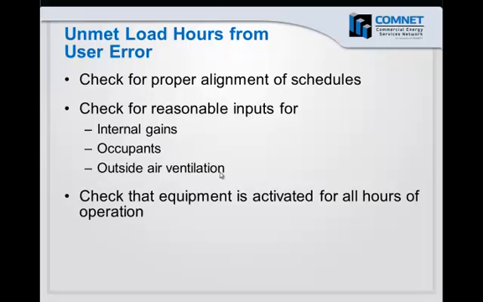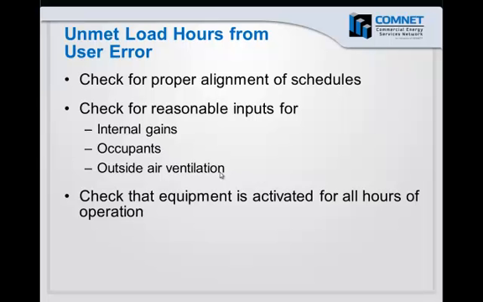One of the common reasons that unmet load hours occur is user input errors. So COMNET has some guidance on what to look for. One of the problems often encountered is that you have different schedules. You know, your HVAC system is shut off, yet you're expecting to maintain temperature.